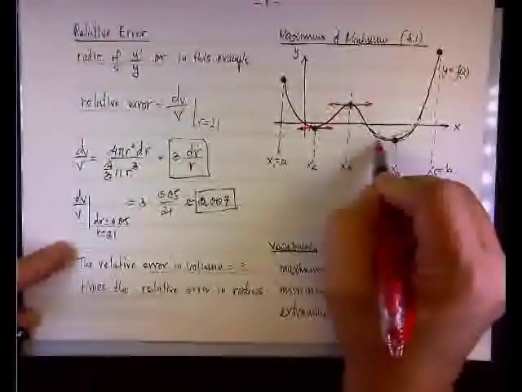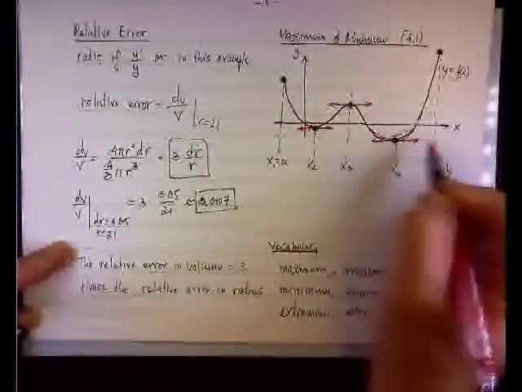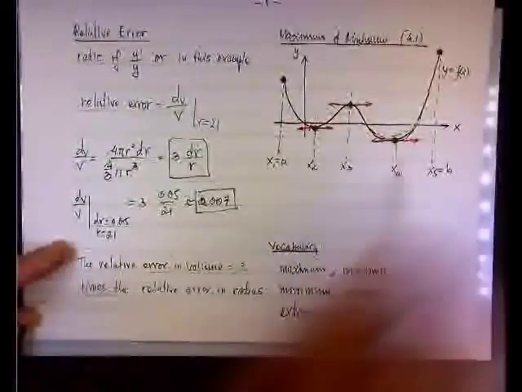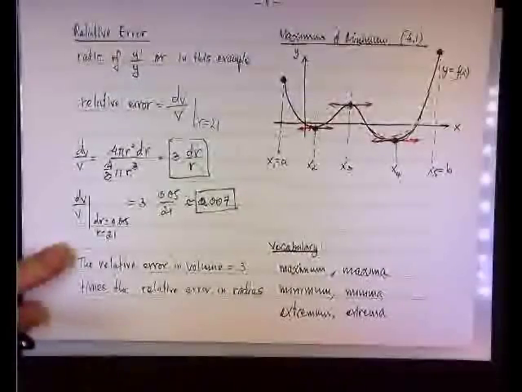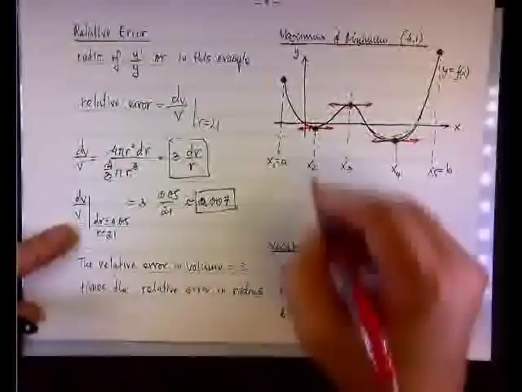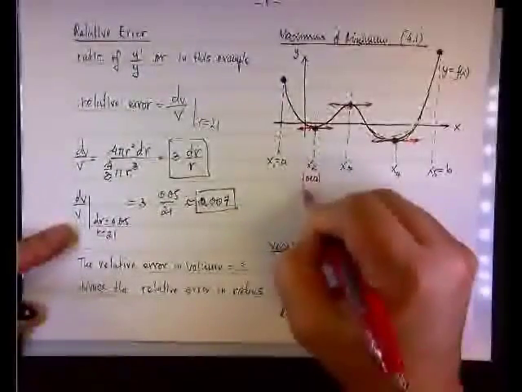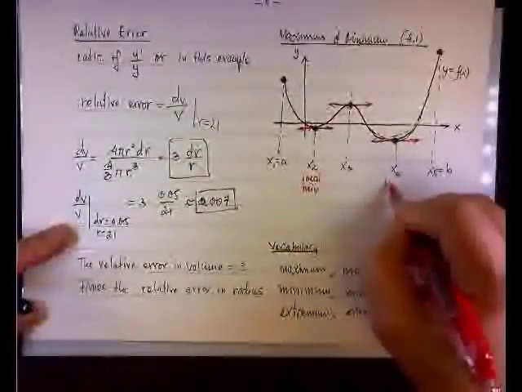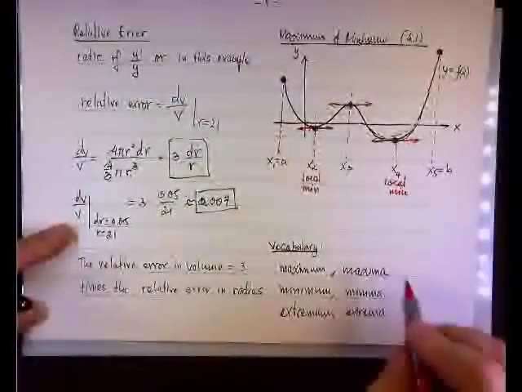x4 represents what we call a local minimum. For the same reason, near x4, all the y values will be greater than f of x4. So we're going to say that we have a local minimum at x2 and at x4.